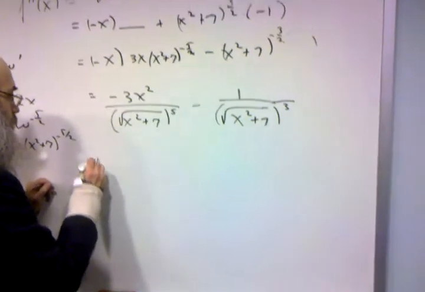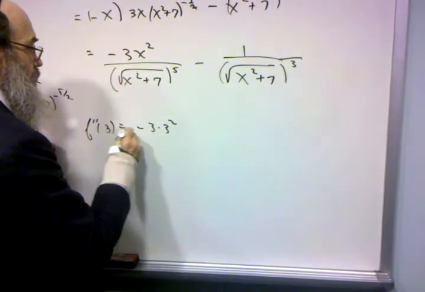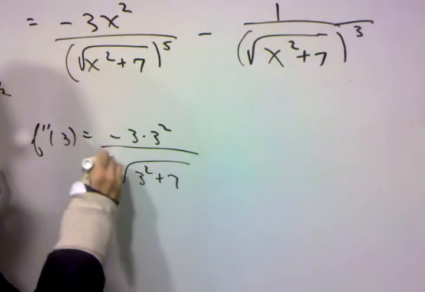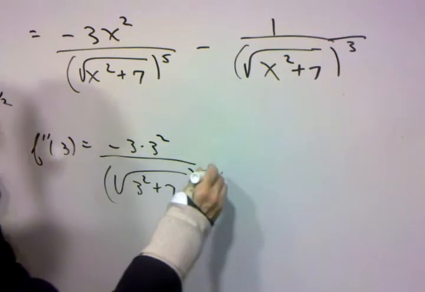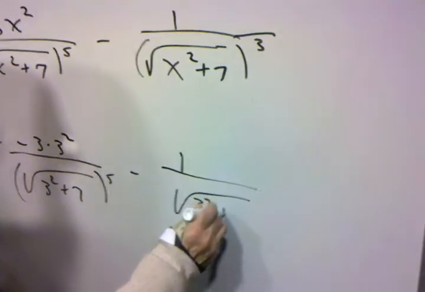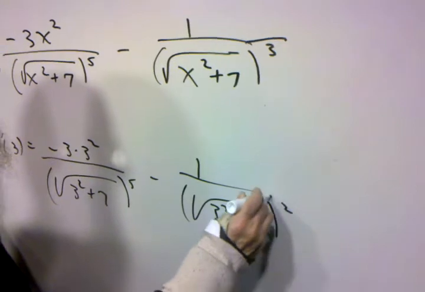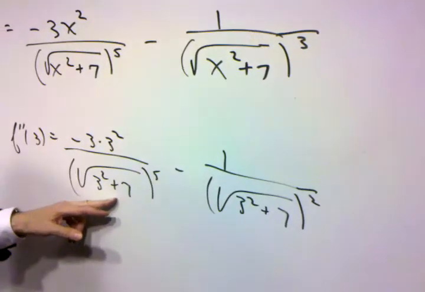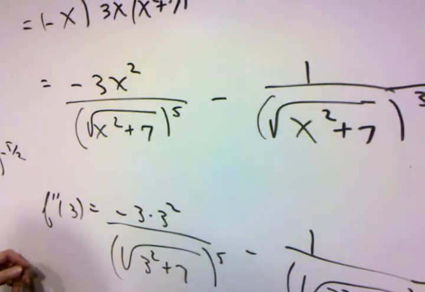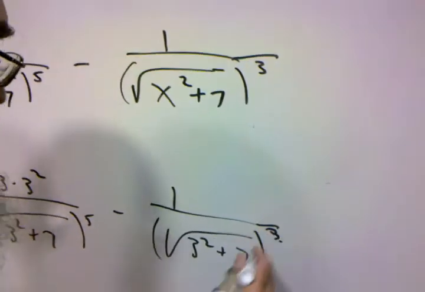Changing x to 3, I get as follows. F double prime of 3 equals minus 3 times 3 squared all over the square root of 3 squared plus 7, square root of that to the 5th power, minus 1 over square root of 3 squared plus 7 to the 3rd power. Now 3 squared plus 7 is 9 plus 7 or 16. To the 3rd power, I'm sorry. Thank you for the correction. That's right. Cameraman, thank you. This is 3rd power.